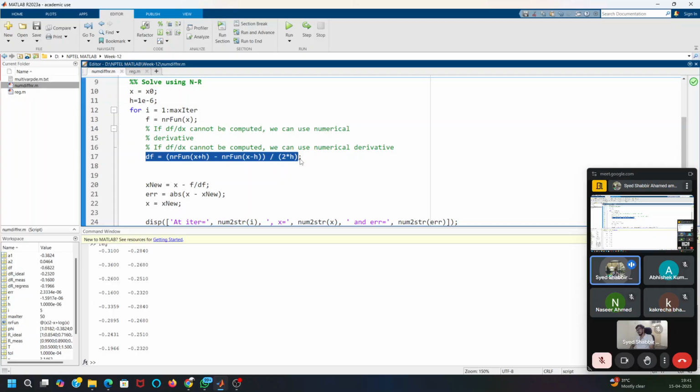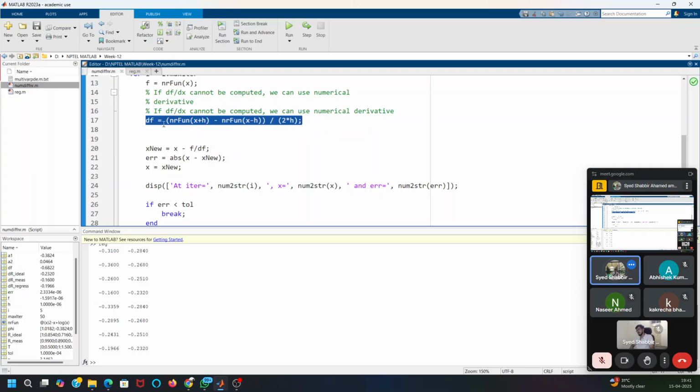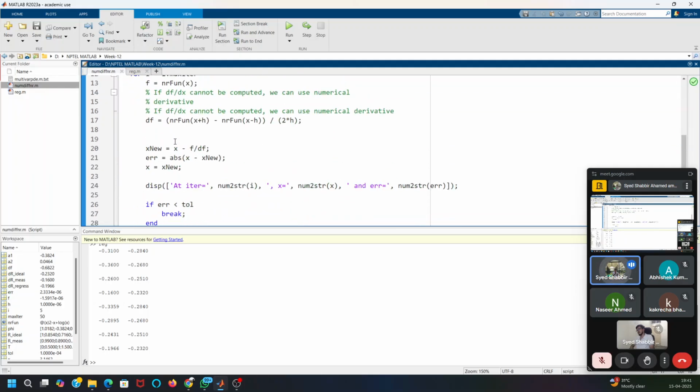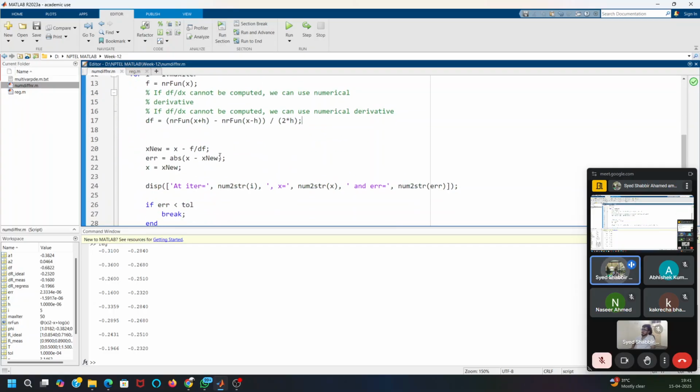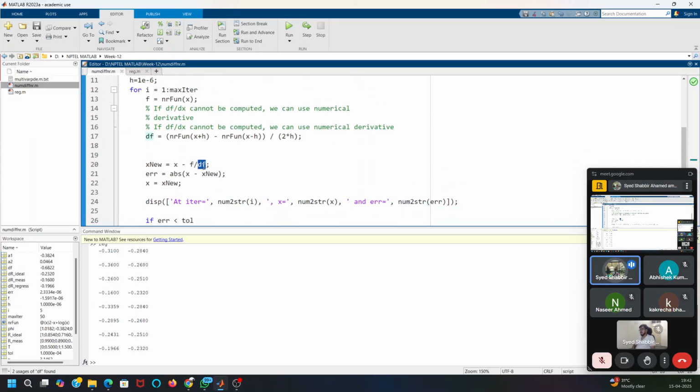So instead of taking df equals 1 by 1 plus 1 by x, here we are taking the numerical differentiation of this function, which is nr func. So we have nr fun of x plus h minus nr fun of x minus h, divided by 2h. We are using the central difference formula for getting the first order differentiation of our function, and then we divide the function value f by it.